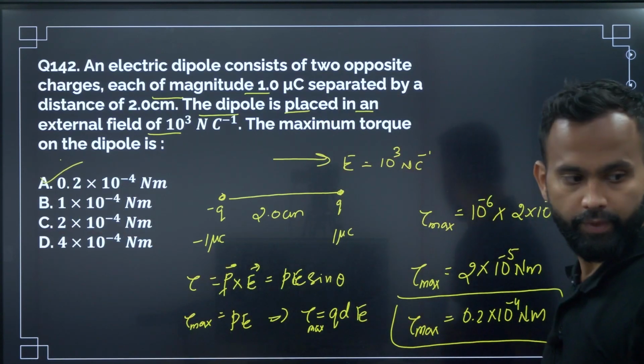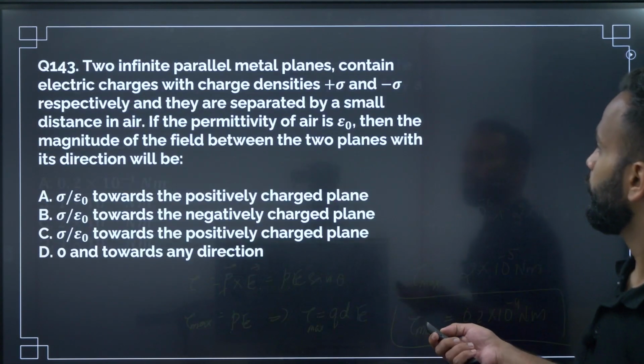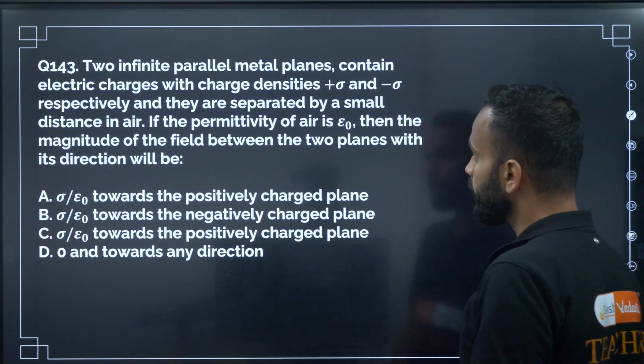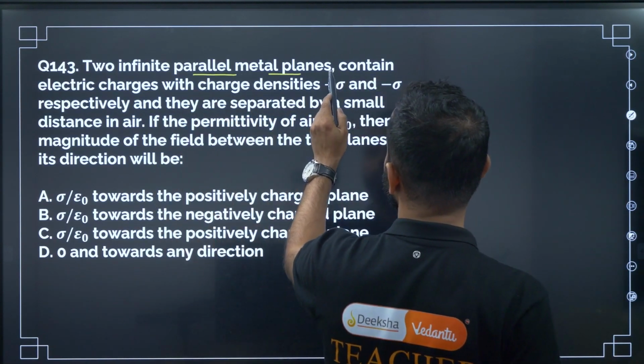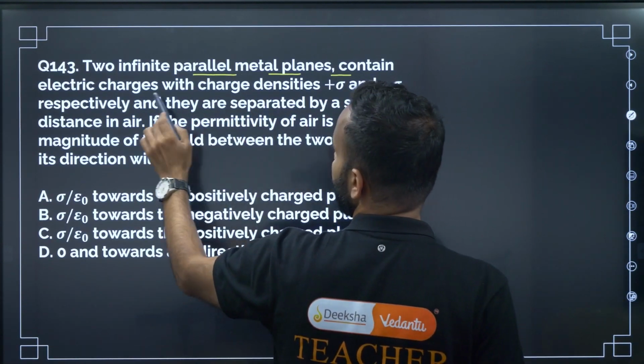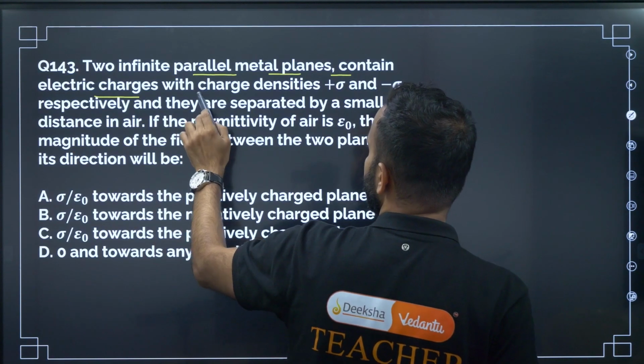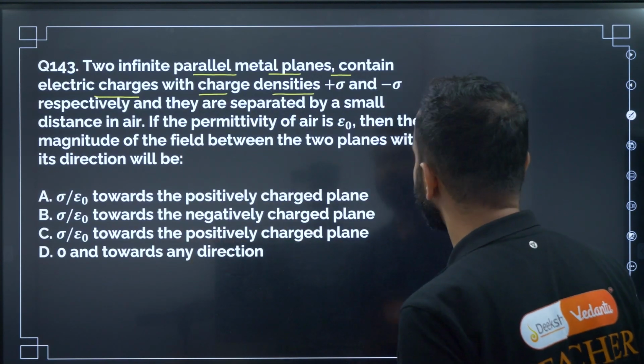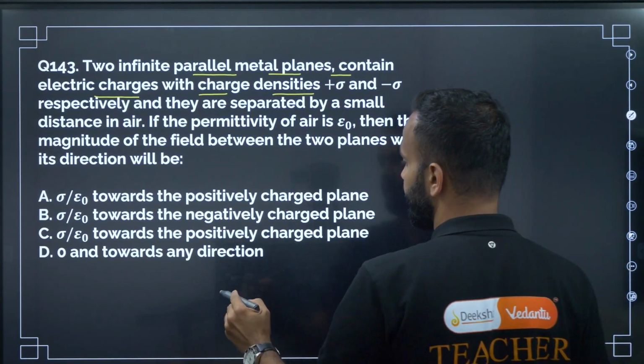Next question. Question number 143. Two infinite parallel metal planes contain electric charges with charge densities plus sigma and minus sigma respectively.